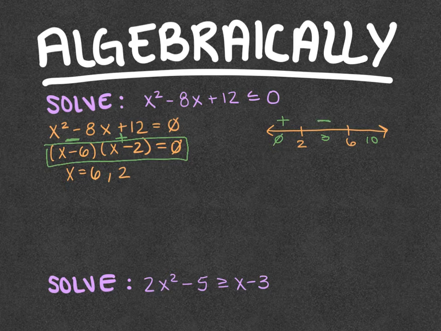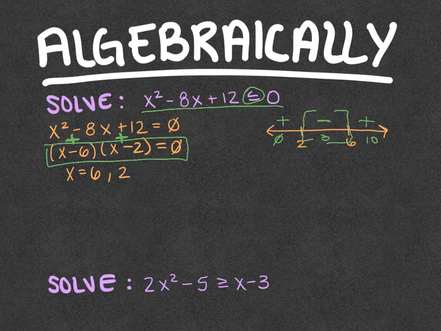And if I plug in 10, 10 minus 6 gives me a positive, and 10 minus 2 is also a positive, so that will be positive overall. If I'm trying to figure out when my equation is less than or equal to 0, then I'm looking for my negative answers. So this section right here.